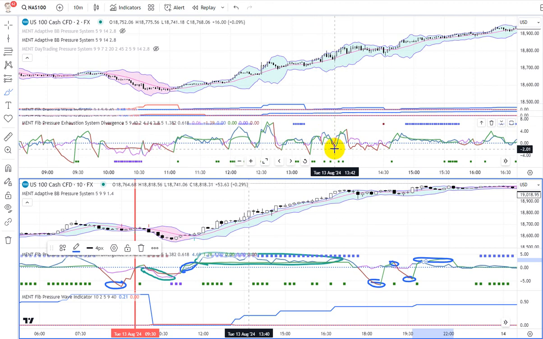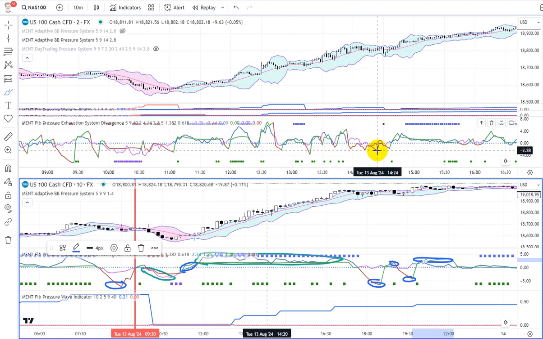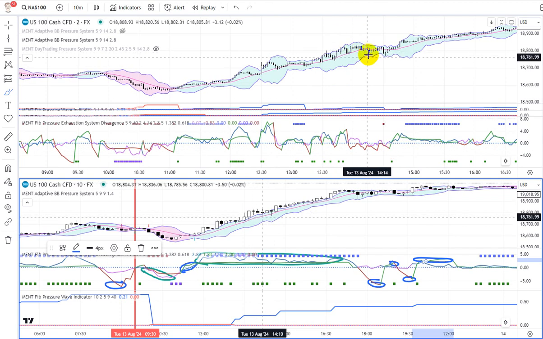So this gives you an idea that when you get into these downside trends and they're showing flash, it means that it's probably going to be fairly short-lived. It's just a pullback.